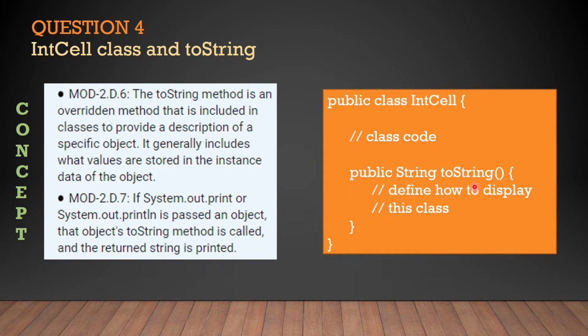It might help me. It's like the public relations department of the class. It's like, oh yeah, here, this is all about me. So you can write your own ToString method, which will overwrite the built-in version. If you want to display the class however you want, you're going to write it. It will overwrite the built-in one. So this question is all about that. Let's take a look.